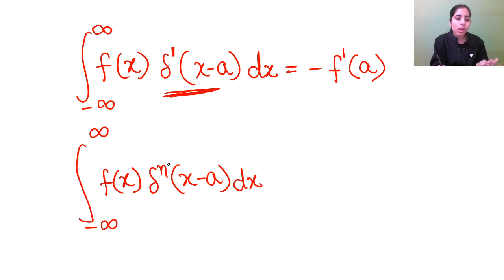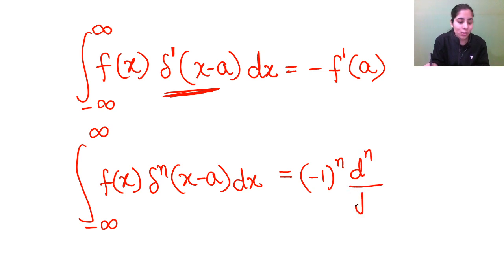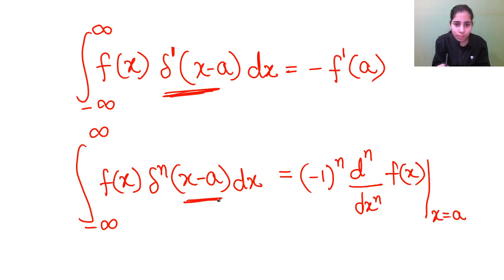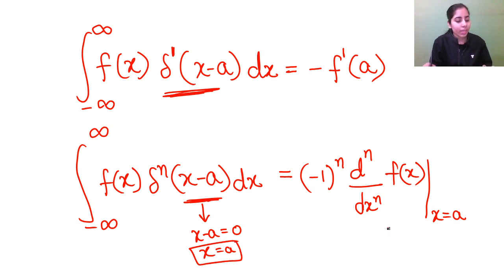So this is going to be minus 1 to the power n, d n by dx to the power n of f(x), and at the end just put the value of x as a, which you are getting from this. That's how you can easily find it in any case, whatever order derivative is given to you.